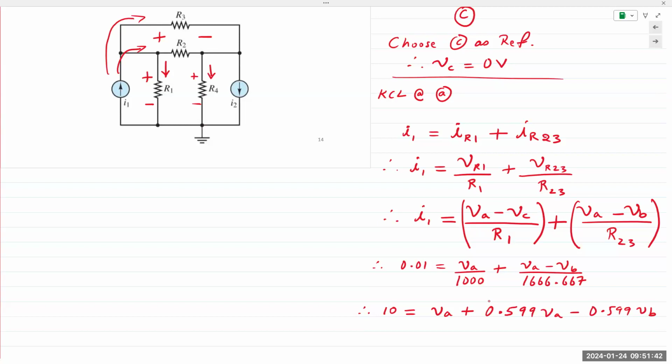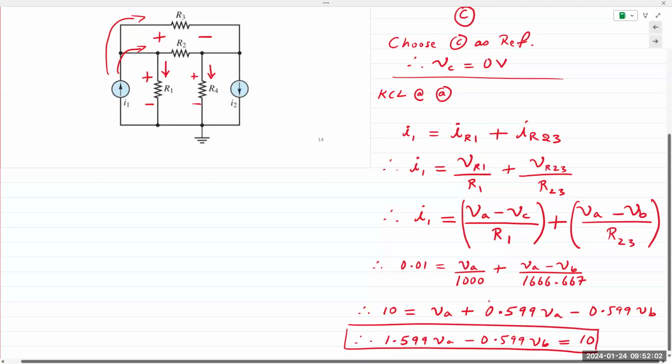Okay, combine it so that my equation is only in terms of the variables. That's equation number 1.